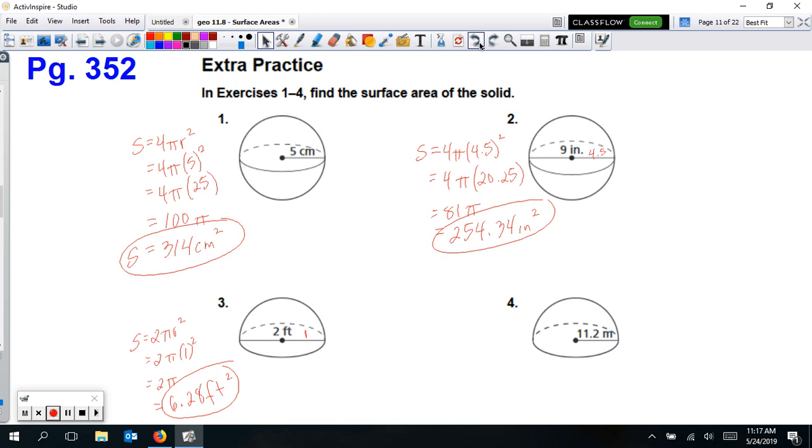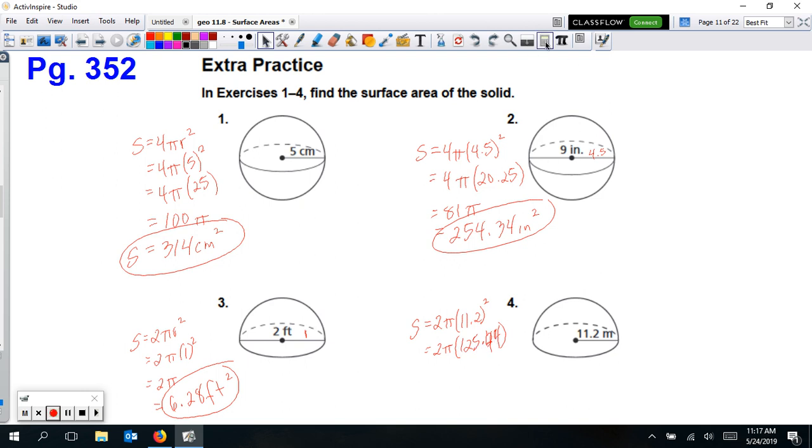And then for this other hemisphere, 11.2 is our radius. We're just going to plug that into the same formula that we have over here, 2 pi r squared. So it's going to be 11.2 squared. On the calculator, that equals 125.44.